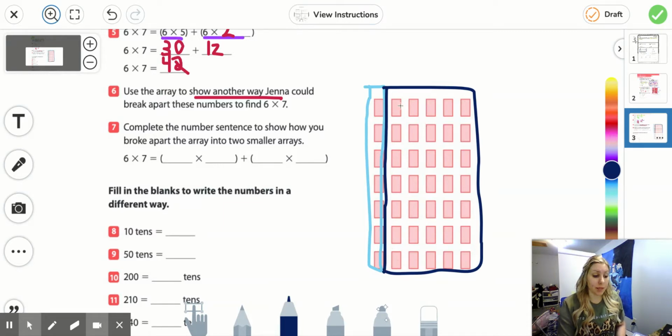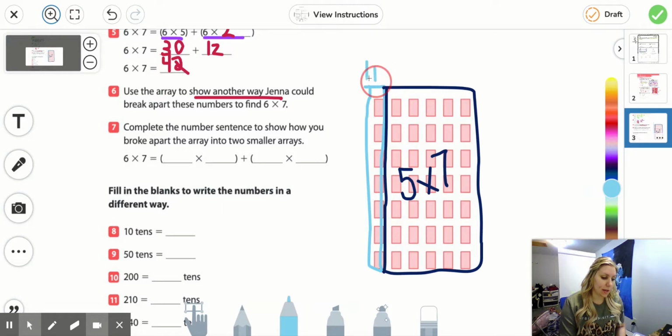This represents 1, 2, 3, 4, 5 rows with 1, 2, 3, 4, 5, 6, 7 in each row. When I look over here, I have one row with 1, 2, 3, 4, 5, 6, 7 in that row.